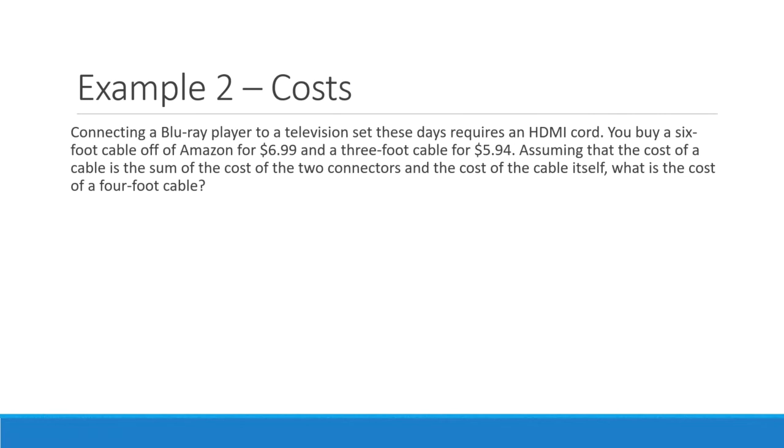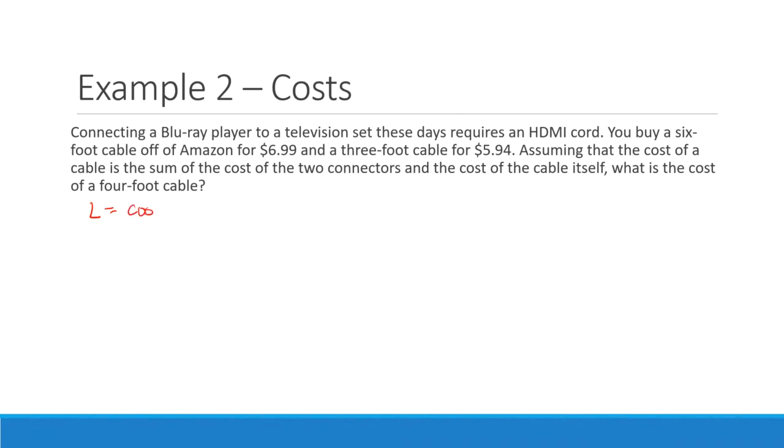Now, if we're looking at the cable, they're giving us different lengths. So I'm going to use L for the cable, and I'm going to say L is the length of a cable because we're getting a 6-foot cable and a 3-foot cable. So we'll use L for length since those are different lengths. It's not exactly going to be the length because we know the lengths, but we don't know the cost of that cable.